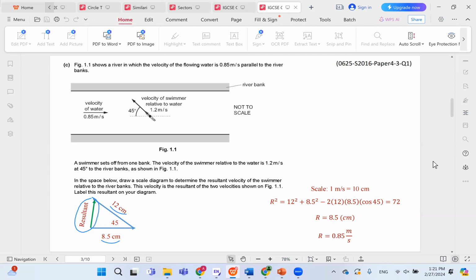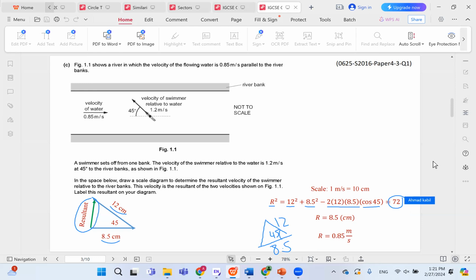However, if you want to figure it out mathematically, to make sure that you have the correct answer, you can use the cosine rule, since you have a triangle with two sides and an angle. R squared equals 12 squared plus 8.5 squared minus 2 times 12 times 8.5 cosine 45. This would get 72.